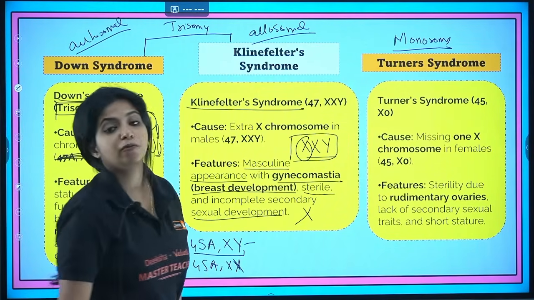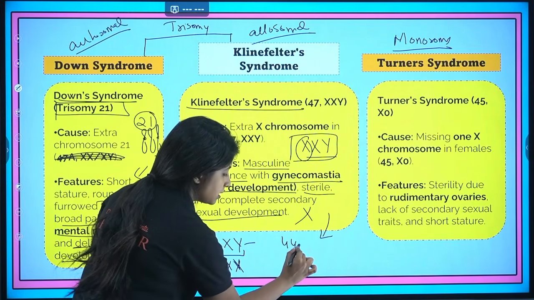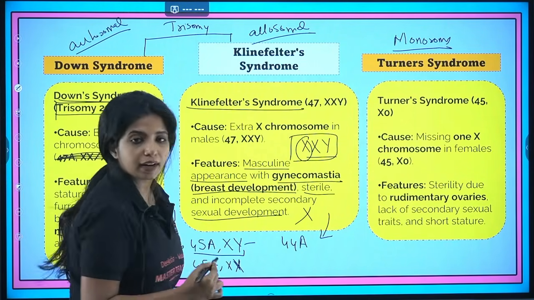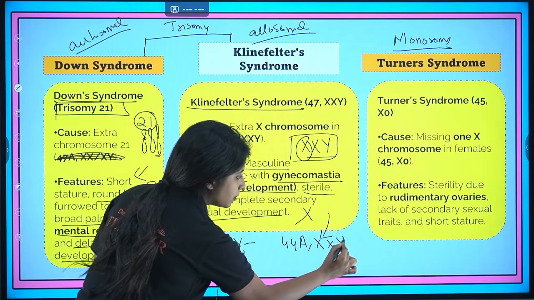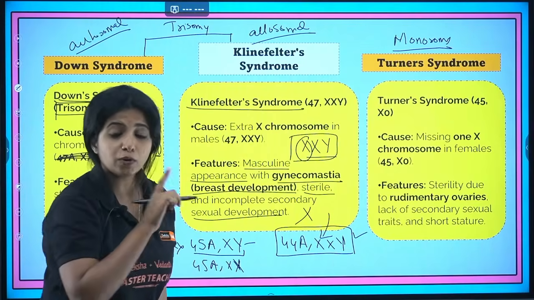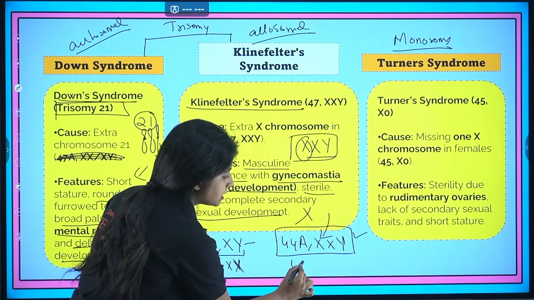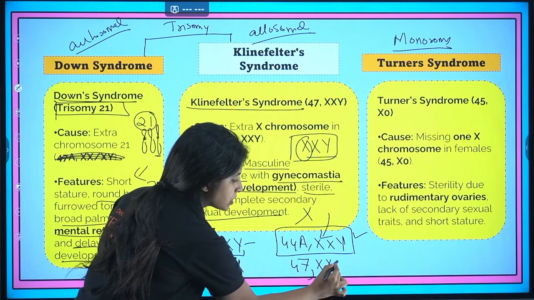Now, what is the karyotype for this? So here, if at all you see, the number of autosomes remains the same, 44 autosomes. Then you can write XXY. This is one way of writing it. Or you can write 47, XXY.